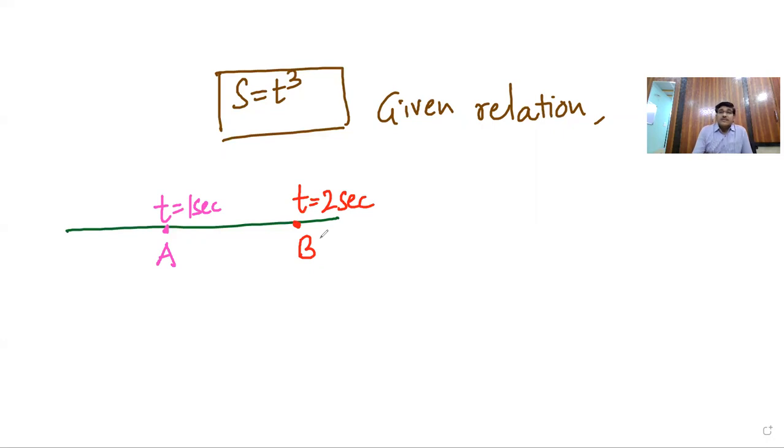Velocity at a particular instant is known as instantaneous velocity. So he's asking for the instantaneous velocity, V bar, vector, instantaneous velocity. What is instantaneous velocity? ds by dt, where ds stands for small displacement and dt for a small time period.